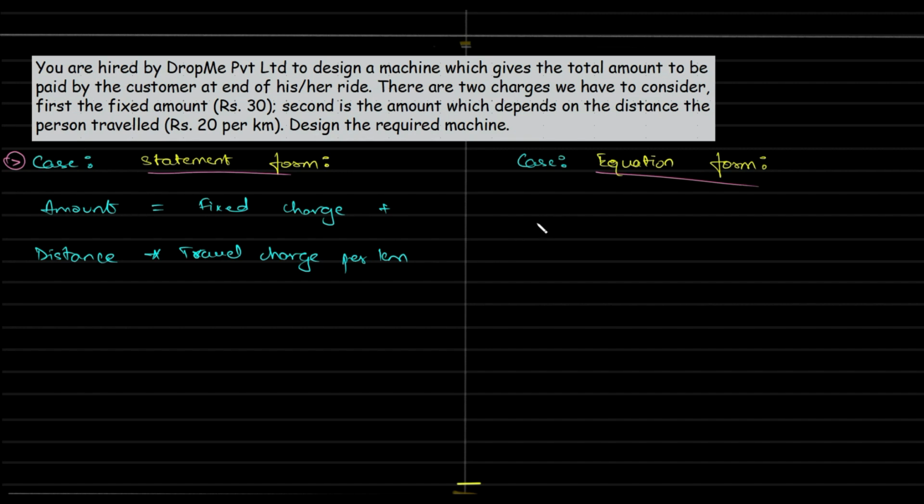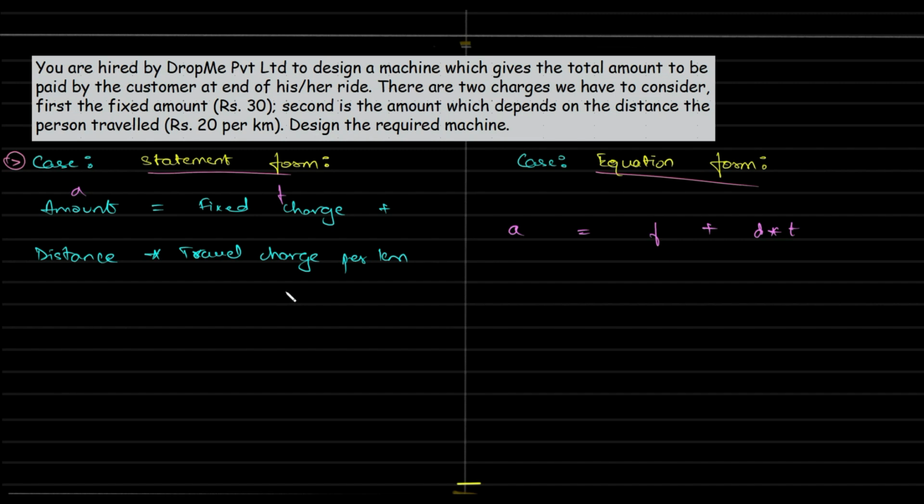So the amount, I'll give it a name as A. In place of fixed charge, since it's already 30, I can write it as 30. If not, I can write it as F, plus the distance the person travels, I can write it as D, and the travel charge per kilometer, I can write it as T.